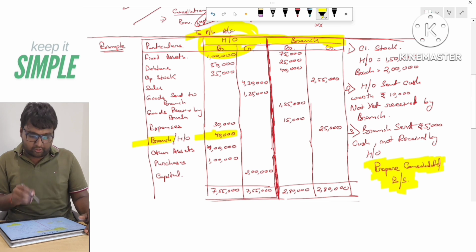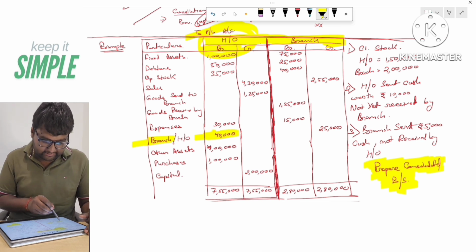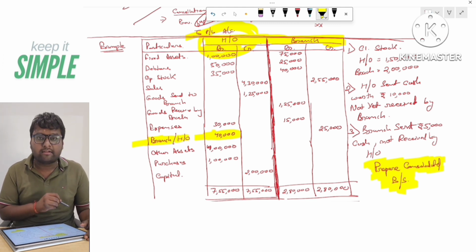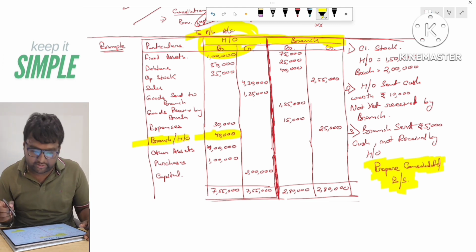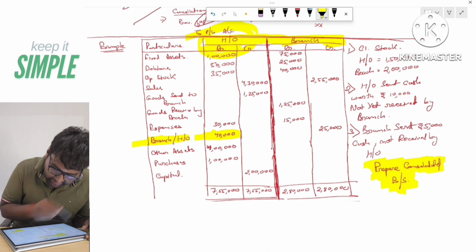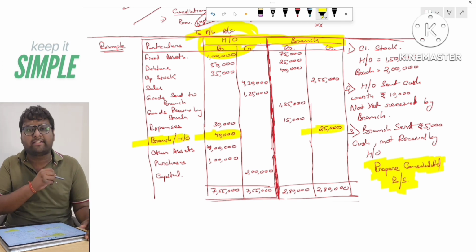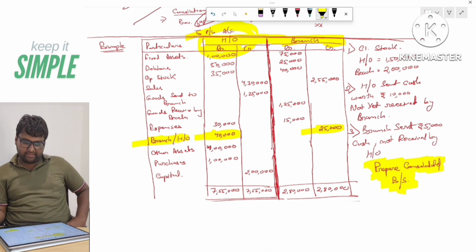As the branch stands debit 40,000, head office should stand at credit balance of 40,000 in the books of branch. So in the books of branch, we see head office stands at credit for 25,000.